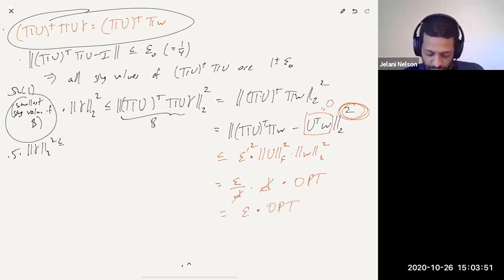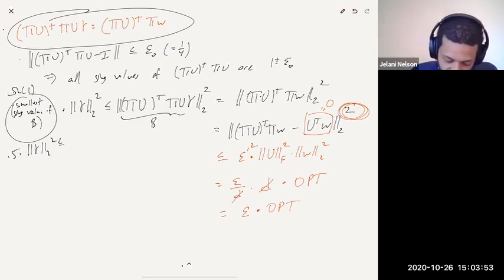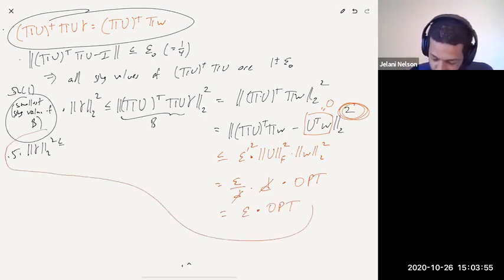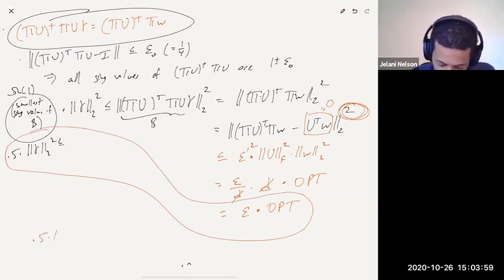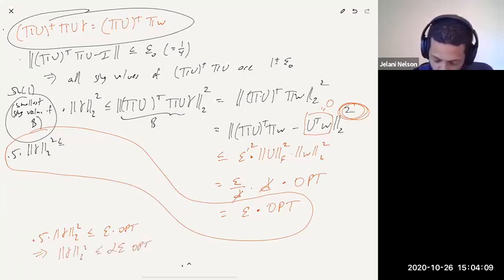So what have I just shown? Combining everything, 0.5 times gamma squared is at most epsilon times opt, which implies that gamma squared is at most 2 epsilon opt.